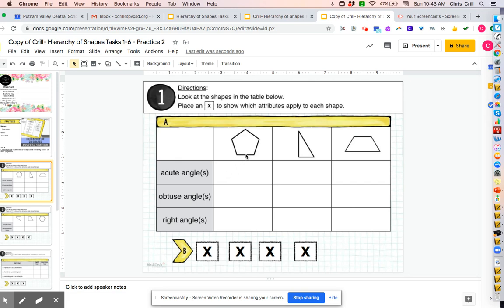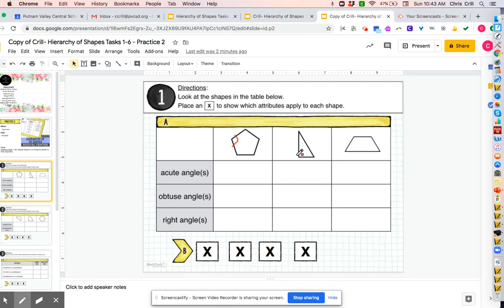So if we look at this pentagon, five-sided shape, we're looking to see what type of angles it has. So if I'm looking here, this opens up to larger than 90 degrees. So if you recall, larger than 90 degrees is an obtuse angle.